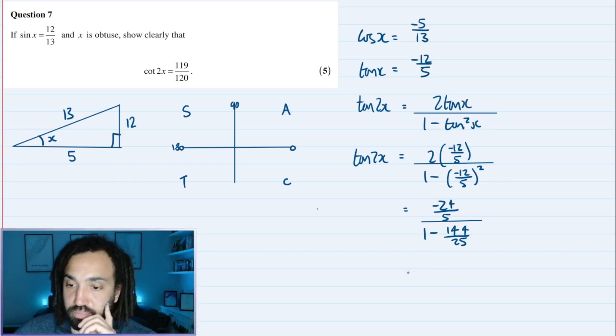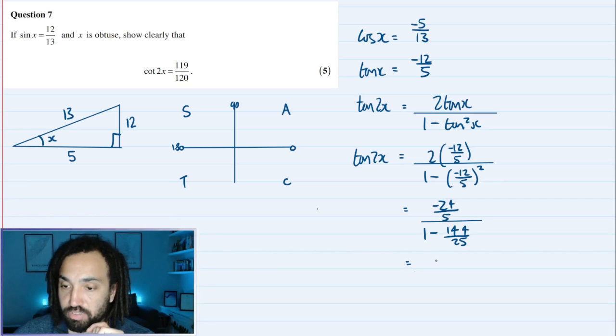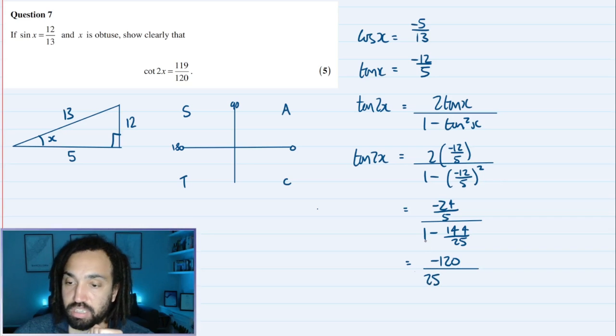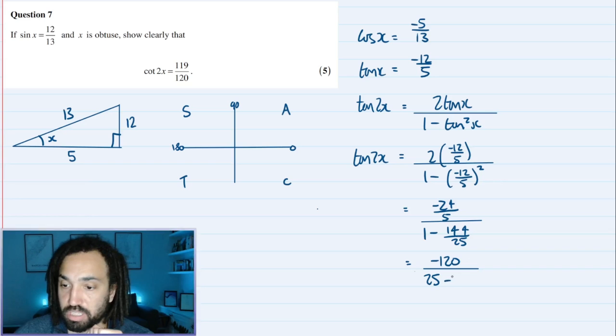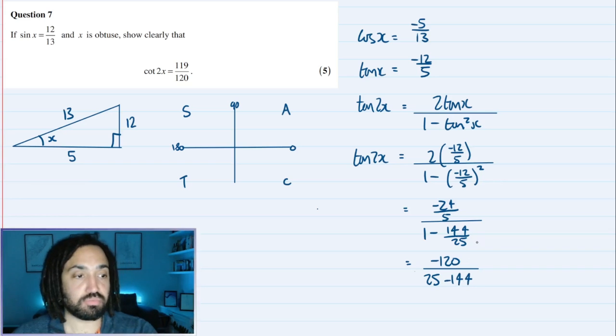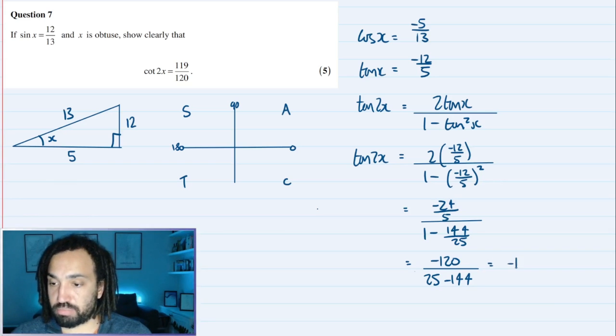Okay, times each term by 25 to simplify. That will cancel a 5, times by another 5, minus 120. This will give me 25 for this term here, and this one will be minus 144. Great. So this is minus 120 over minus 119.